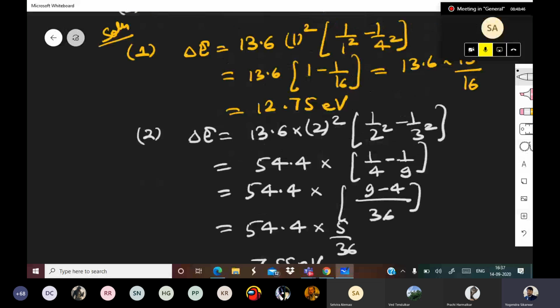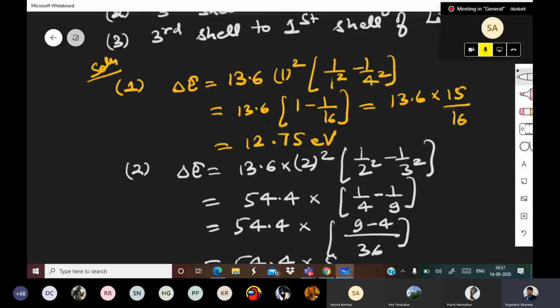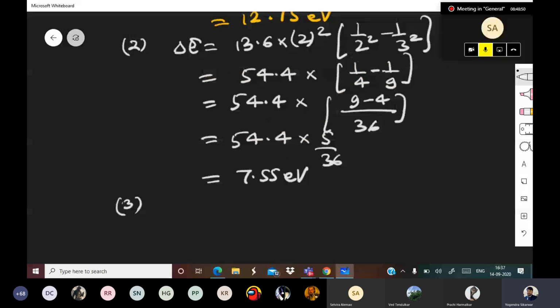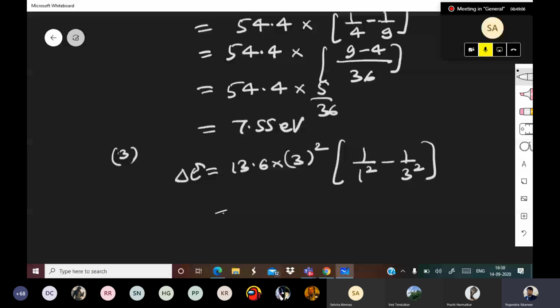Third shell to first shell of Li plus 2. So delta E is equal to 13.6 into 3 square into 1 upon 1 square minus 1 upon 3 square. So 13.6 into 9 into 1 minus 1 by 9, that means 8 by 9.